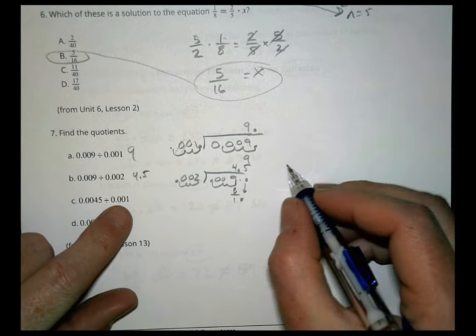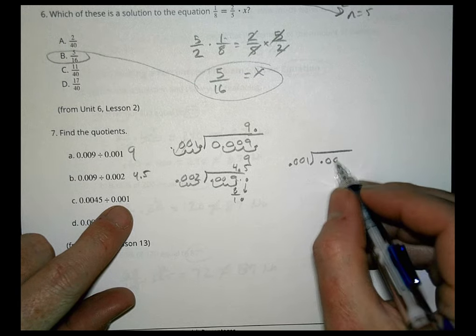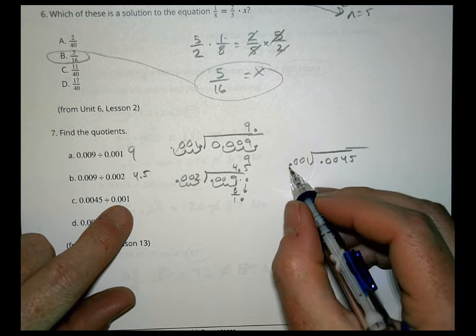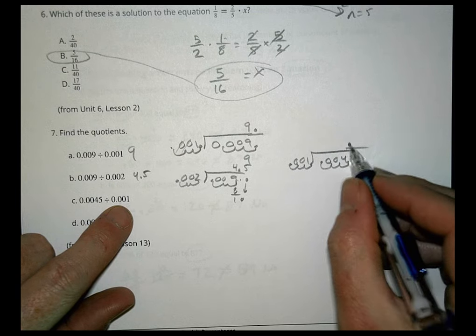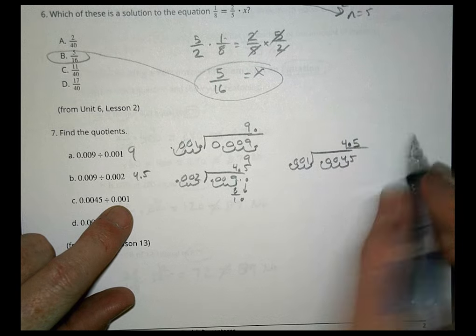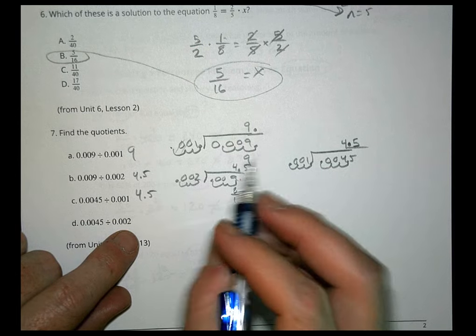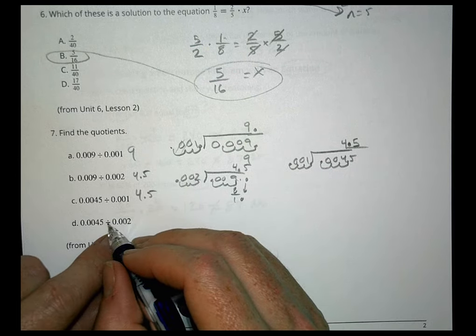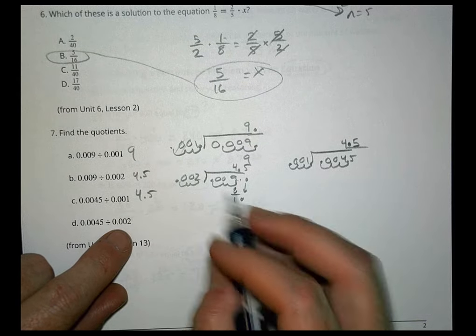And our next one, we have 0.0045 divided by 0.001. Decimal moves over 1, 2, 3, 1, 2, 3, and we put it up right away. 1 goes into 4 4 times, 1 goes into 5 5 times, so we're at 4.5. And then we do 0.0045 divided by 0.02.